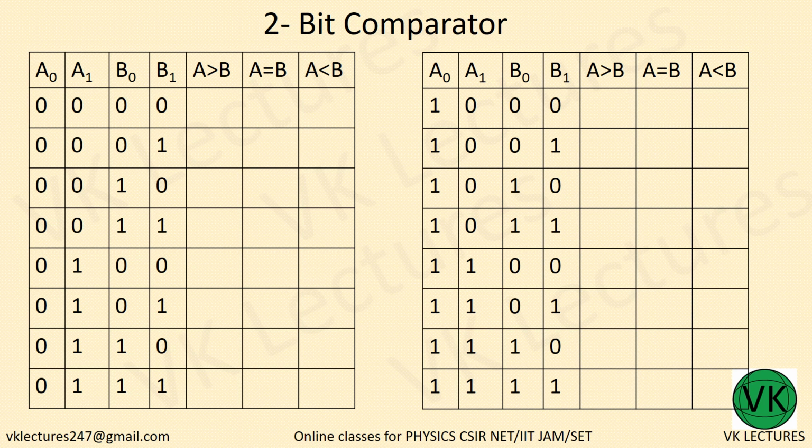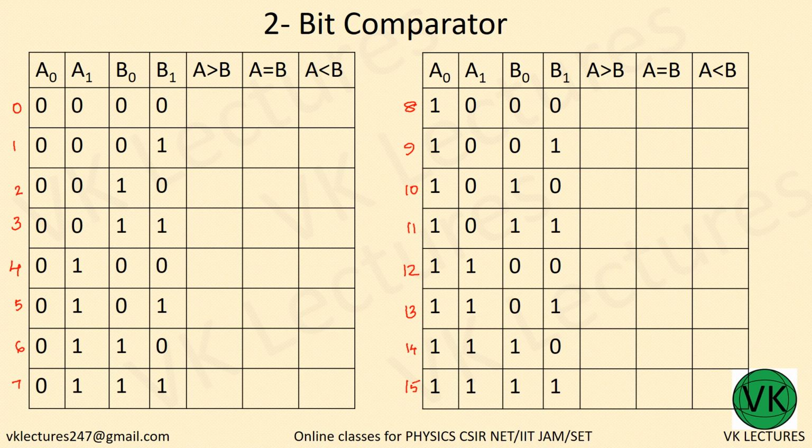So this is the truth table, a very big truth table we have. So let's start numbering: 0, 1, 2, 3, 4, 5, 6, 7, 8, 9, 10, 11, 12, 13, 14 and 15.